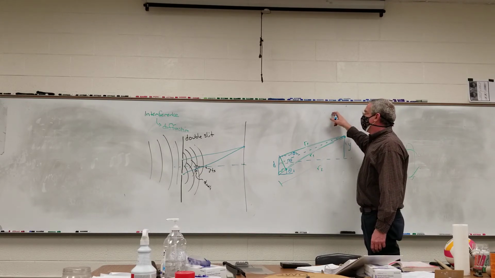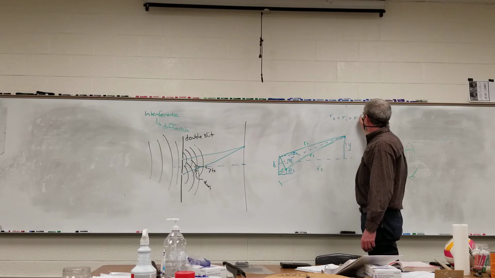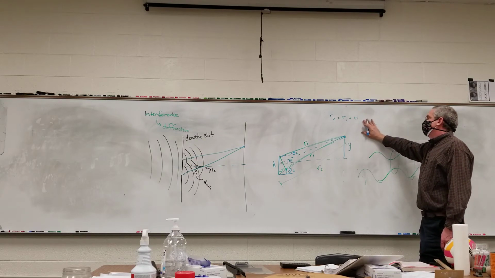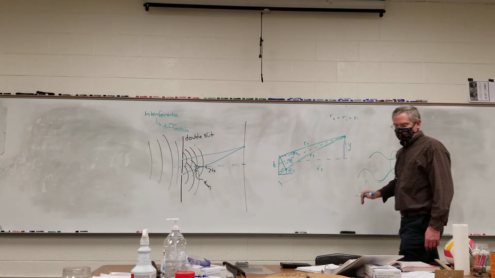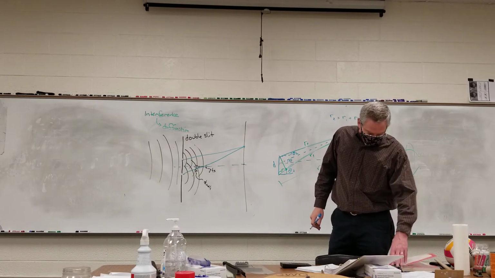So I want to go to the bright bands. All right, so R2 is R1 plus... suddenly my mind is blanking. What is N?